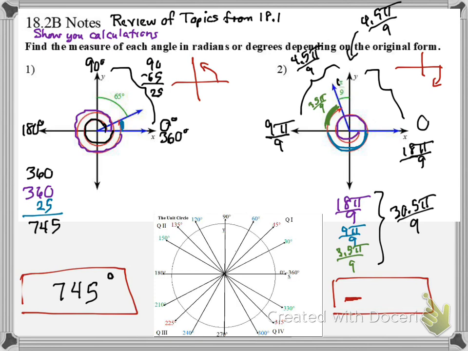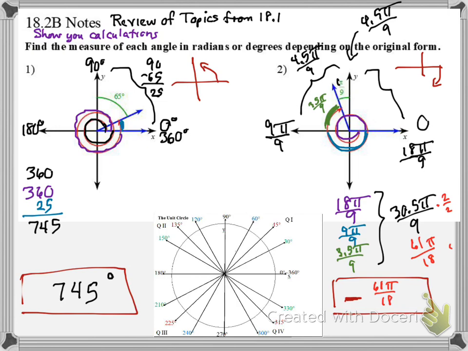Since the top has a 0.5 in it, I can change it into a whole number just by multiplying by 2 over 2, which makes the bottom of this 18, and the top is 2 times 30.5. 2 times 30 is 60, so 61 pi over 18. So my answer here is 61 pi over 18.